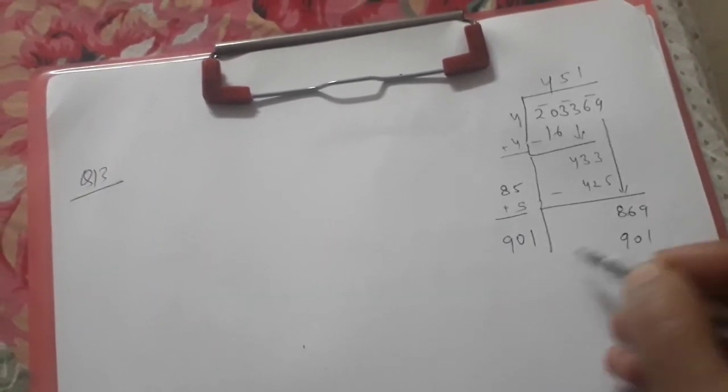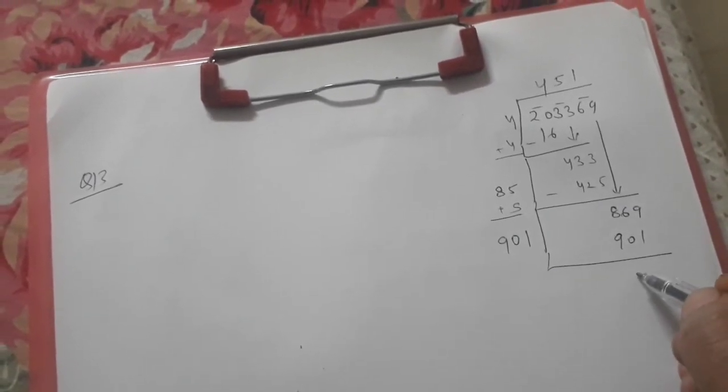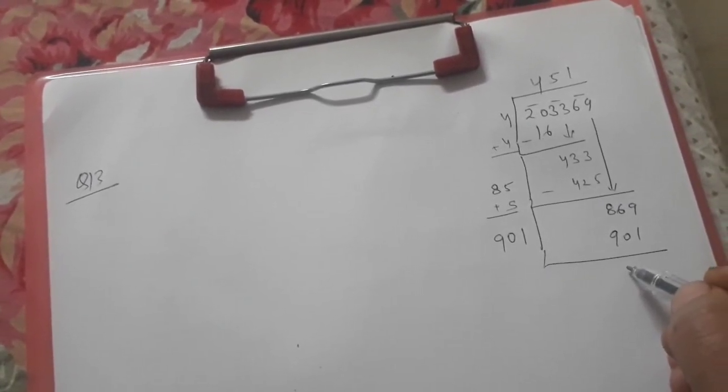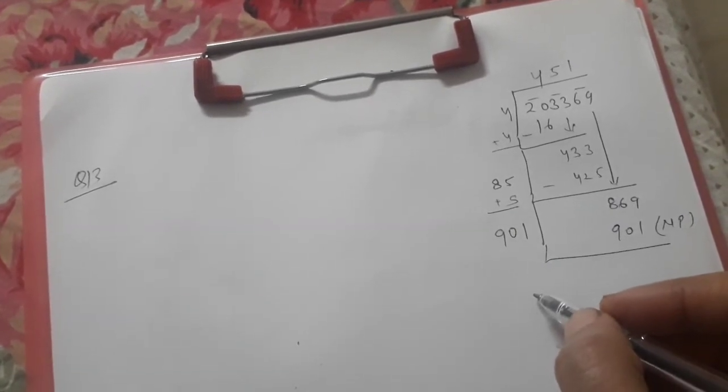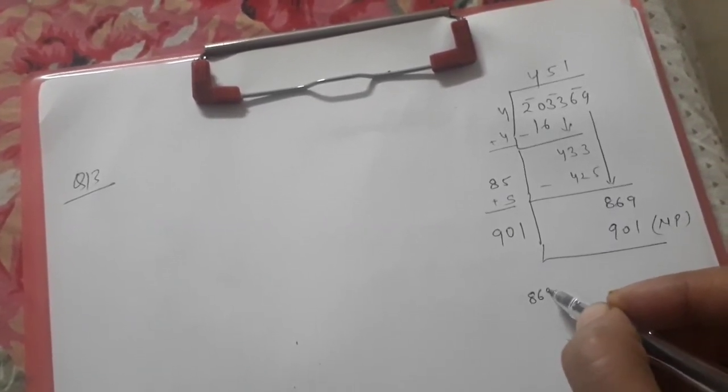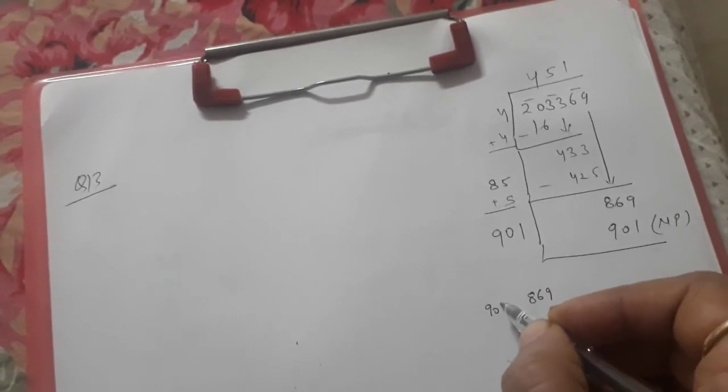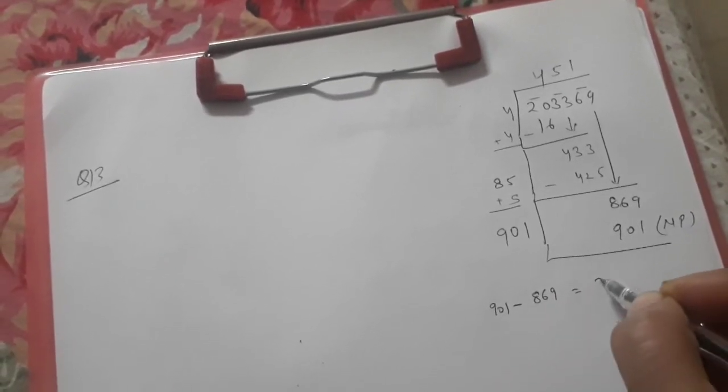So how much greater is 901 than 869? It is not possible. But if we subtract 869 from 901, we will get 32.